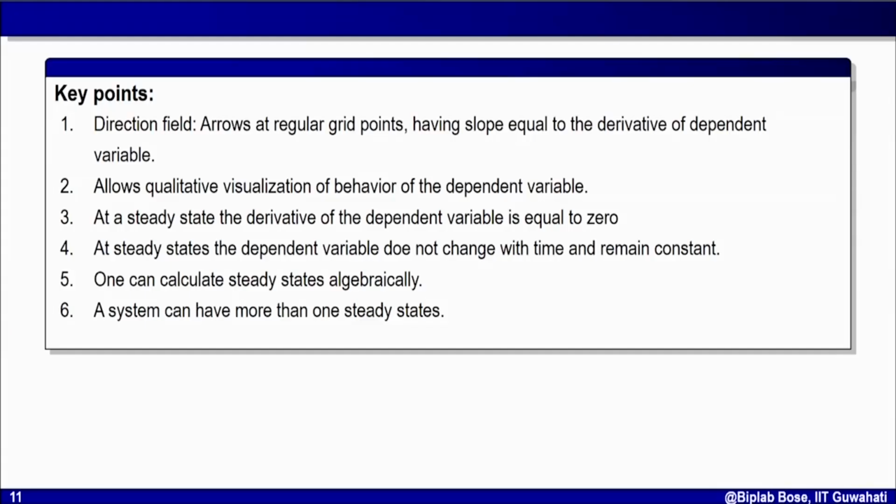So if I jot down the key points, in this video, we started with a discussion of direction field. Direction field is a qualitative way to see how the ODE behaves in time versus dependent variable space. So what you do in case of direction field, suppose you have an ODE involving dependent variable x and independent variable time. So you plot in x, t space.